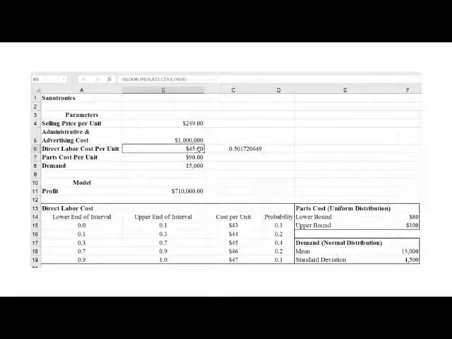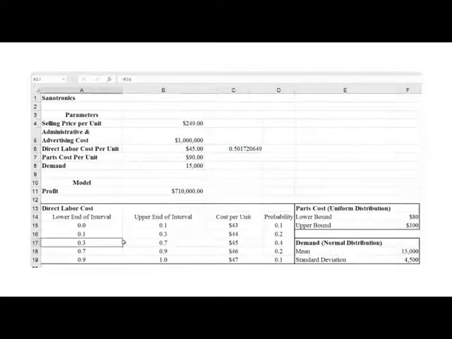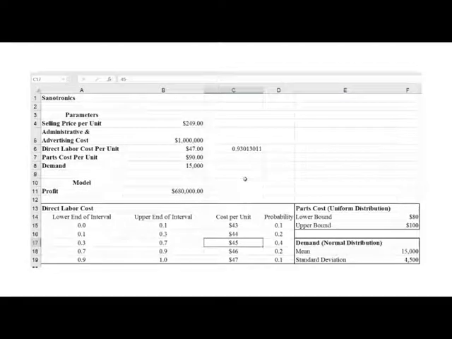So for instance, when we have a value of 0.501, it's in the bin between 0.3 and 0.7, and so therefore it would return the value of 45, which it does. And if we tap the F9 key, we will be able to test that indeed Excel is now generating random numbers according to the distribution specified.